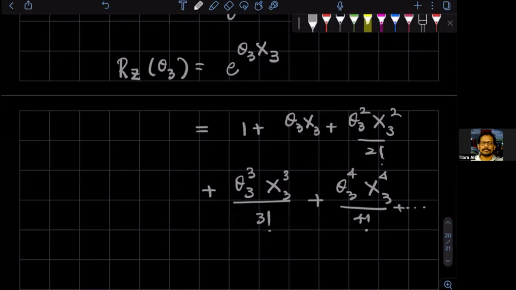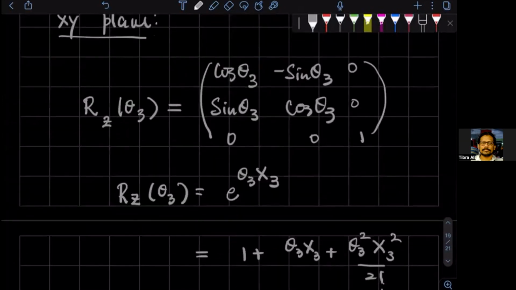This is a nice little exercise you can do for yourself. Are you convinced of what it is doing? It's not acting on a three-dimensional vector's z-component, but it's acting on the x and y components, and it's acting in a way such that the length of the vector remains invariant.